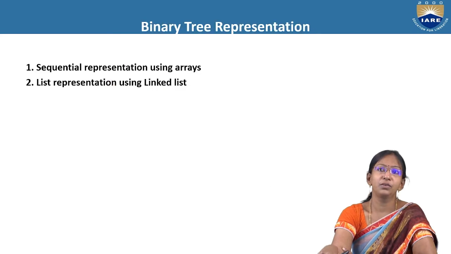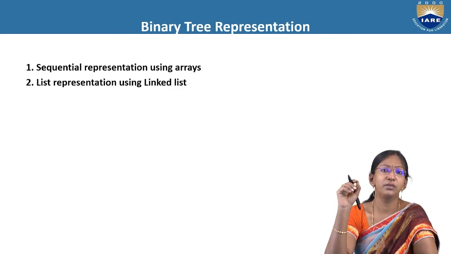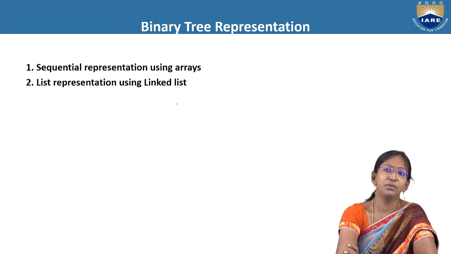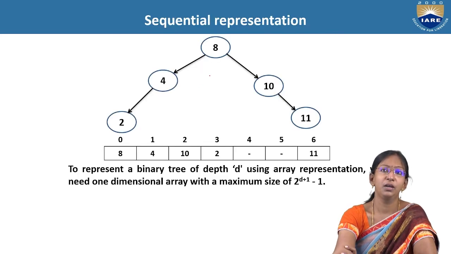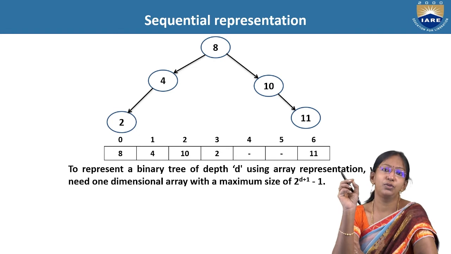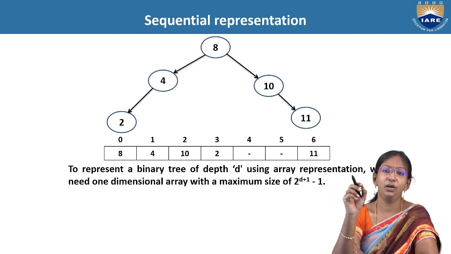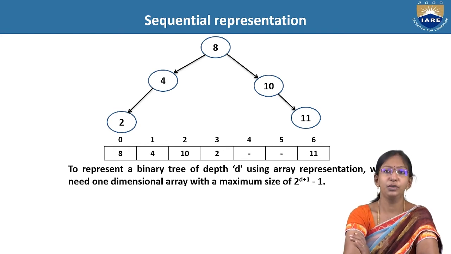Okay. So how do we represent these binary trees? We can represent them sequentially using arrays, or we can even use a linked list to represent. Okay. So let's see the sequential way of representing a binary tree. Okay, guys. So have a look at this tree.